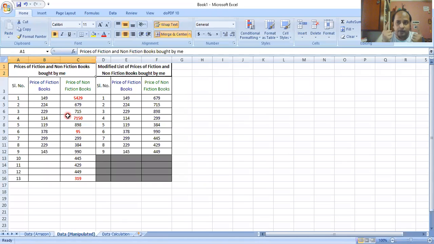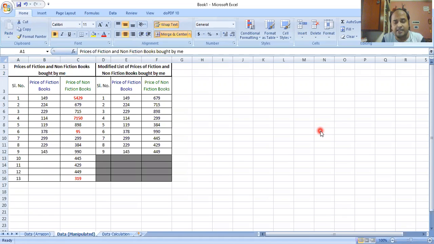But when this particular thought comes to my mind, immediately after getting into the experimentation, I need to clarify certain things. In the previous session, I already told you that you cannot study the correlation if the number of items present in column 1, that is the X variable, and the number of items present in column 2, that is the Y variable, are not the same.